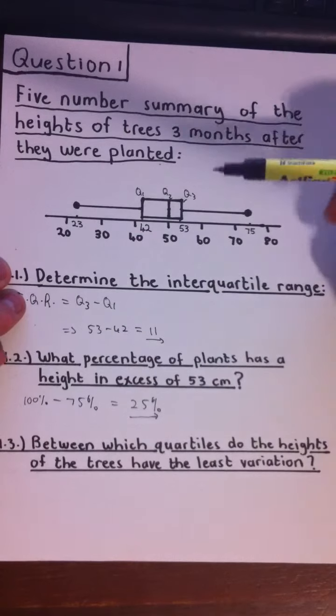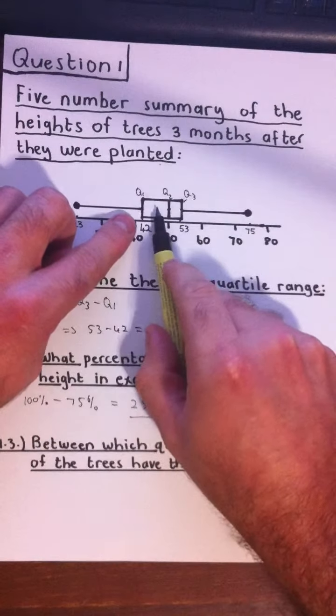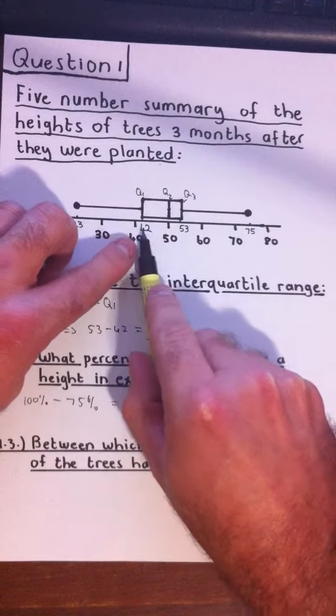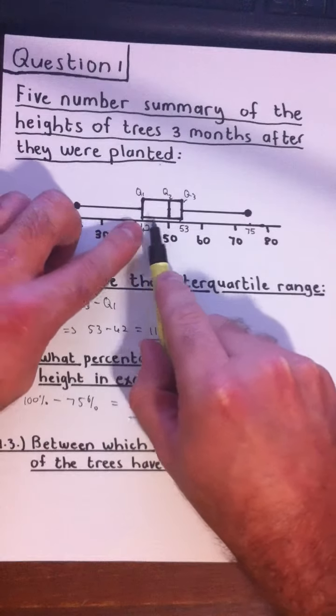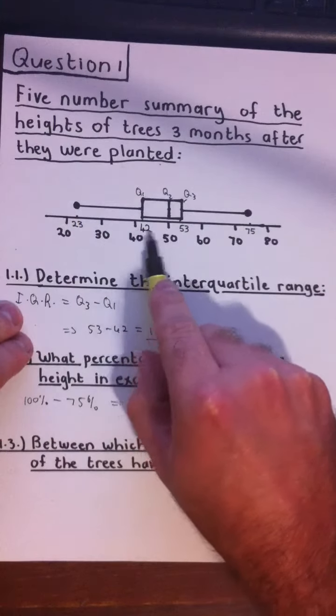So what we can say is that the 25% of the plants in here are separated by 42 to 50, so by 8 centimeters. The shortest one and the tallest one in this range is separated by 8 centimeters.